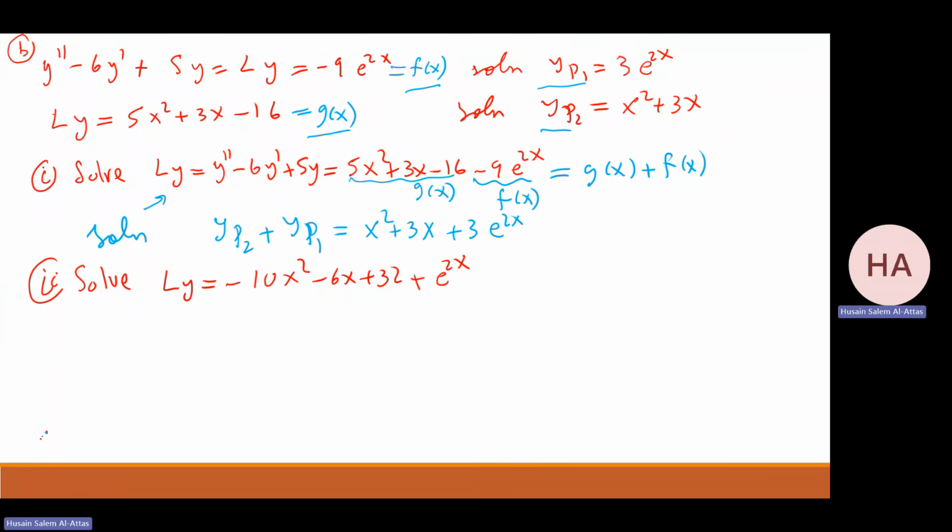Now, it is not f of x plus g of x, but it's like a multiple of it. So if you notice, this one is what? If I take minus 2 as common factor, I have 5x squared plus 3x minus 16.